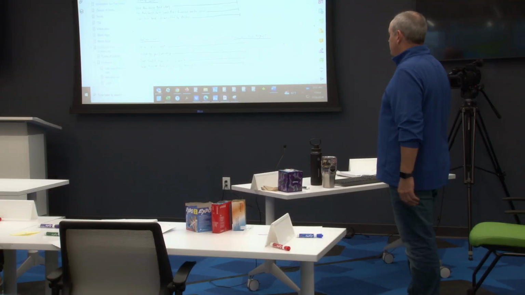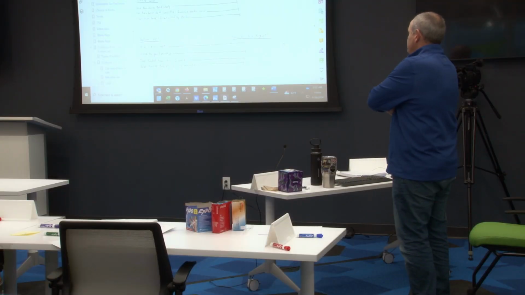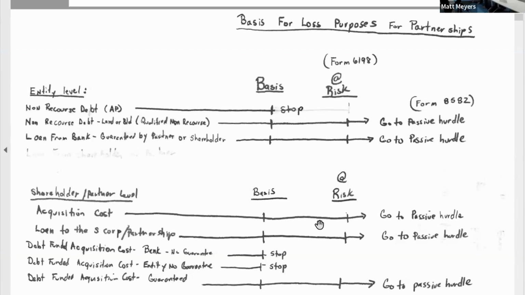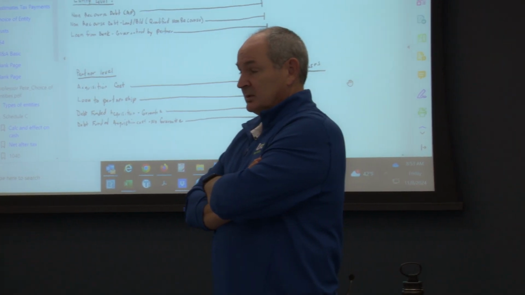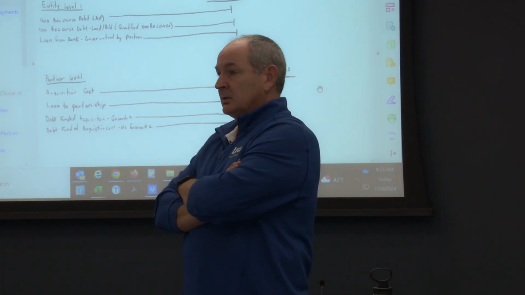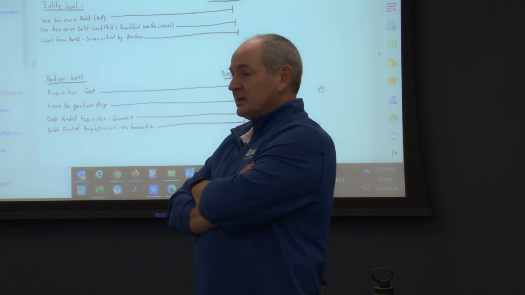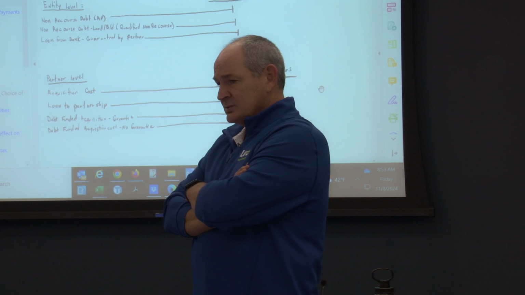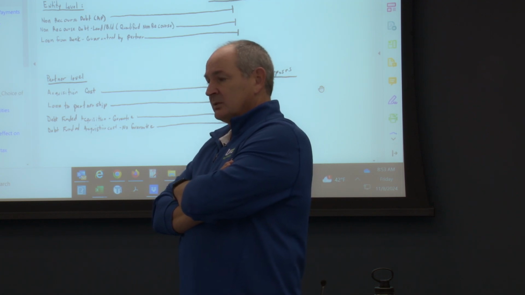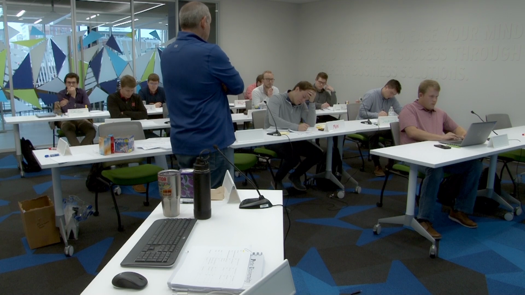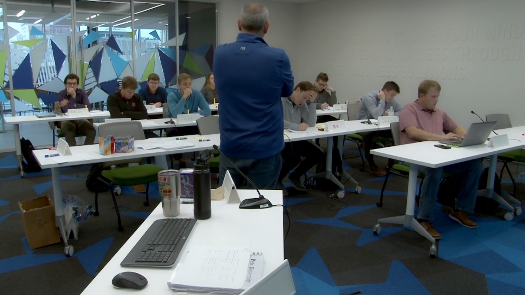The next page is basis for distribution purposes, and it's a free-for-all. Everything counts. Every debt item counts for distribution purposes. Now you have to ask yourself, wait a minute, we're talking about distributions and we're talking about losses. There's debt on the balance sheet.